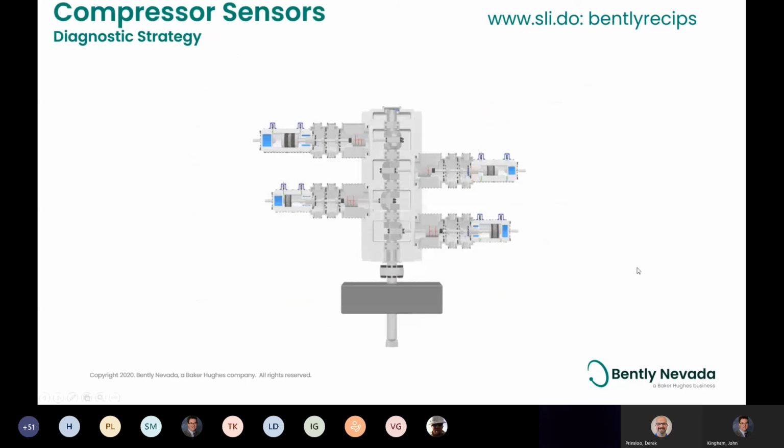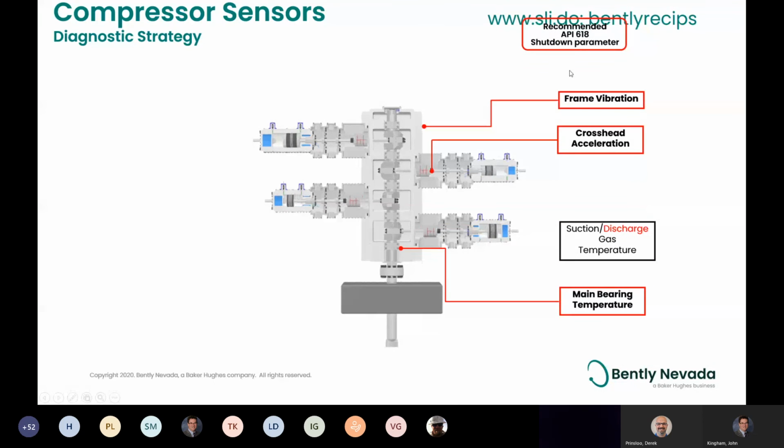So here we have our recip, and the whole purpose of this webinar is what sensors we use on one of these. API has some shutdown parameters it recommends: frame vibration, crosshead acceleration, discharge gas temperatures, and main bearing temperatures.